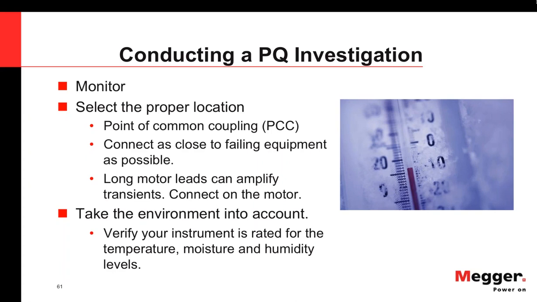Long motor leads can create problems in themselves. Remember what we talked about before, about the capacitance in a cable? The longer the lead, the higher the capacitance. So if I'm measuring at the end of the cable furthest from the motor, I may see relatively small transients there, and that may not lead me to know that there are problems.